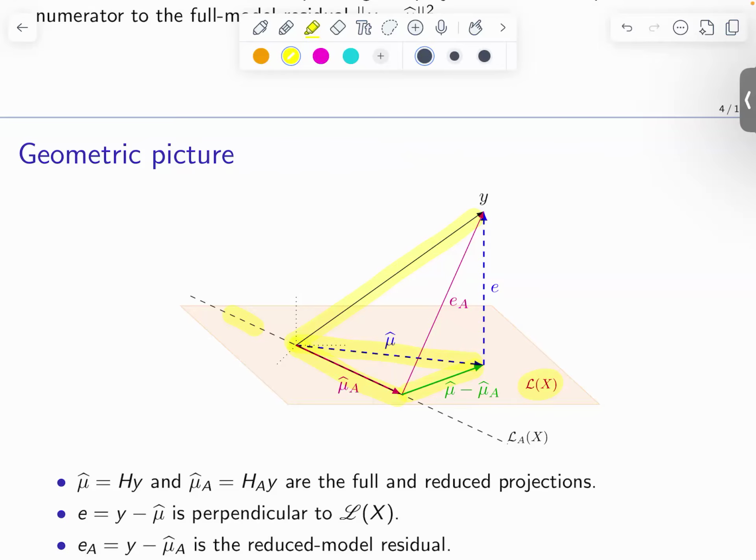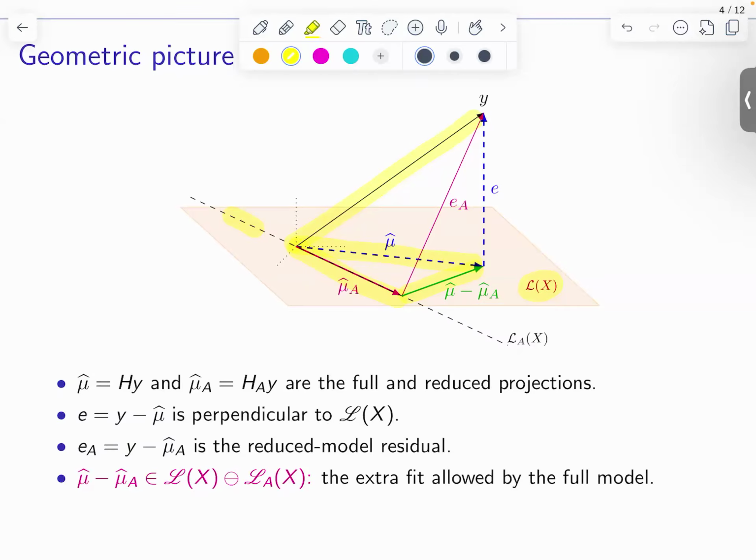Because of the property of projection, that the residual is orthogonal to the space you're projecting onto, there are a lot of right angles in this picture that you can infer, and some of them we are going to use. For example, we know that this e is going to be orthogonal to anything in L(X).